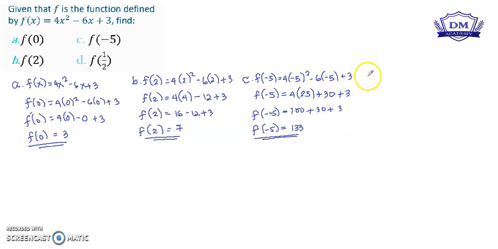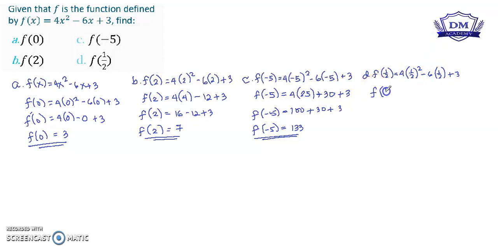Another one. Let us evaluate the function by f of 1/2. This is equal to 4 times 1/2 squared minus 6 times 1/2 plus 3.